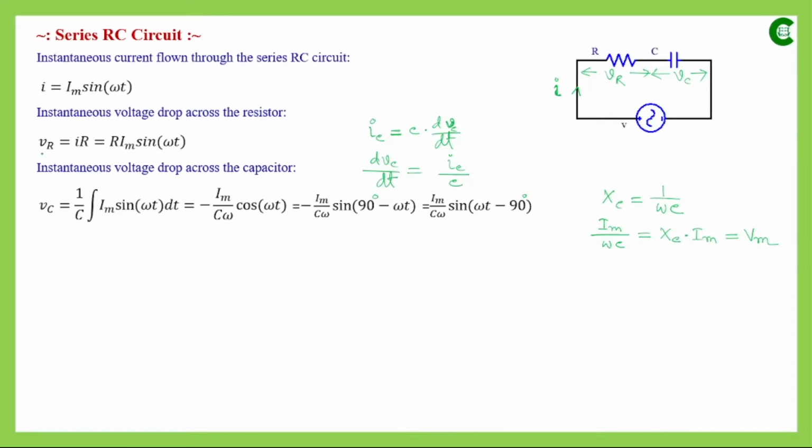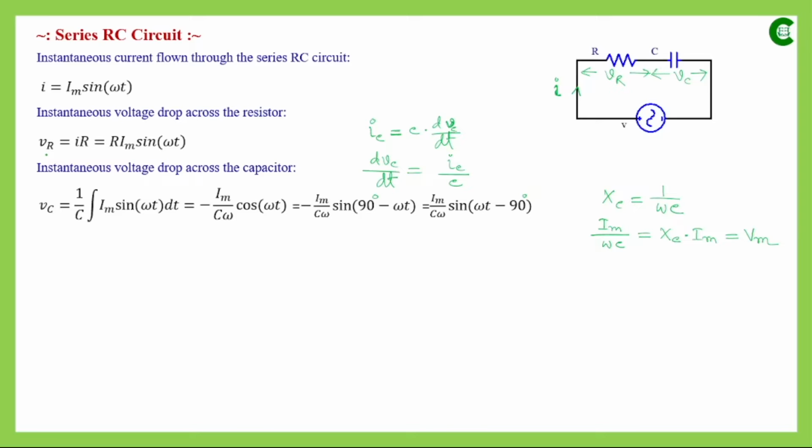Now from the expression of Vr, we can see that it has exactly the format of this current, and there is no phase difference. It has only sine omega t. That means we can conclude that the current which flows through the resistance of that series branch, and the voltage drop across the resistance, are in the same phase.